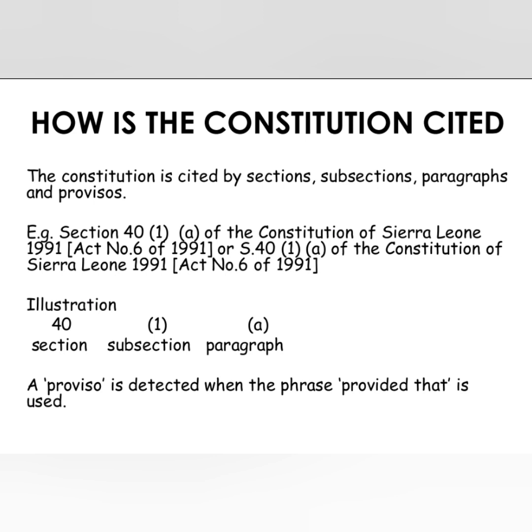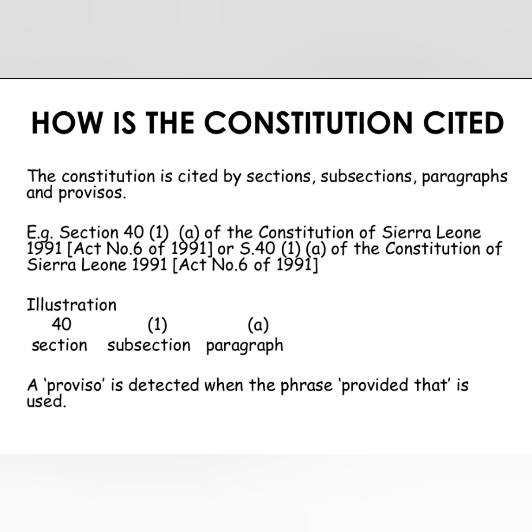Now, to illustrate that, section 40 is the main section, and the number following section 40, which is number 1, is the subsection, and there is a letter after the subsection which can be referred to as a paragraph.